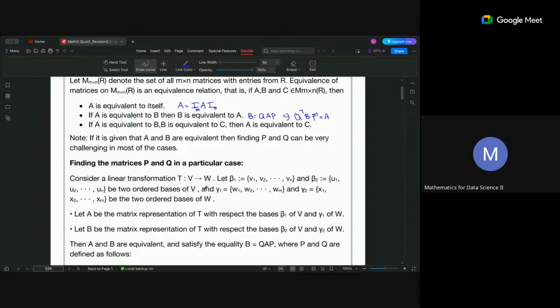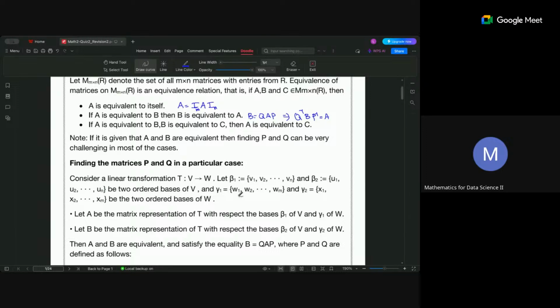For example, if we have a transformation T from V to W, and we have ordered bases beta 1 and beta 2 for V, and gamma 1 and gamma 2 ordered bases for W. A is the matrix representation of T with respect to beta 1 of V and gamma 1 of W. Similarly, B is the matrix representation of T with respect to beta 2 of V and gamma 2 of W. So A and B are two different matrix representations with respect to different bases.